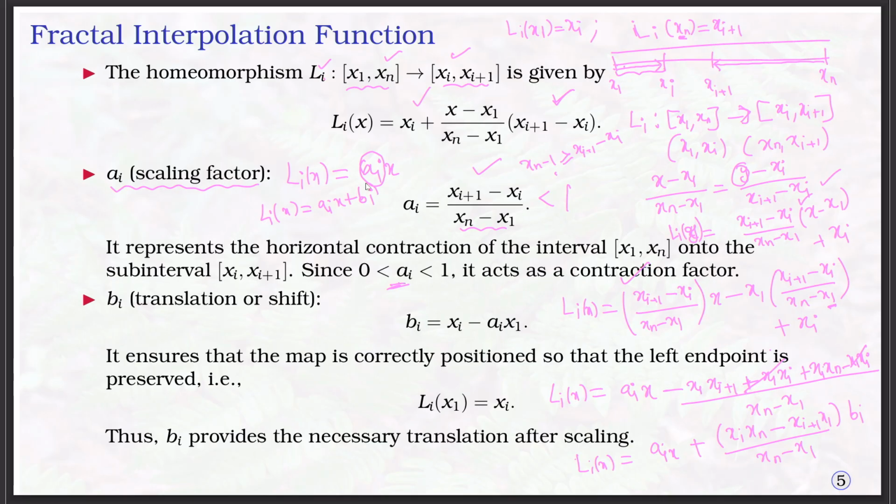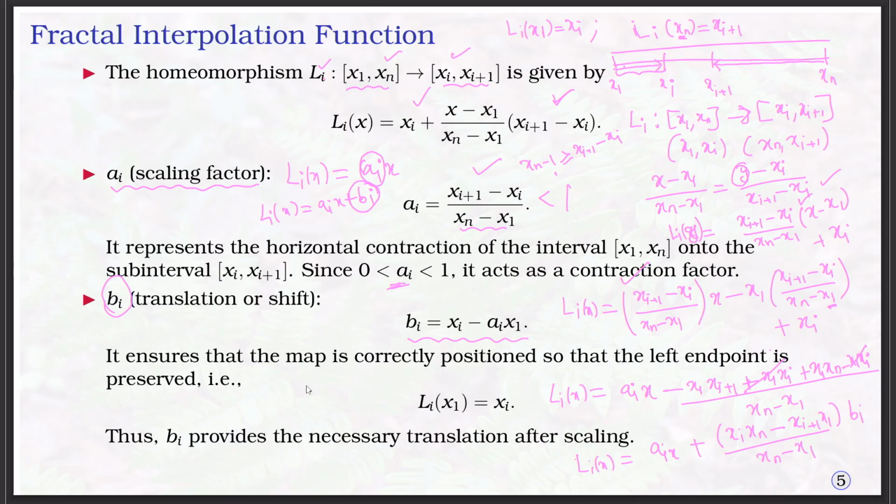Then what is the role of this bi? Bi is, after contracting the whole interval to a smaller thing, it just shifts whether left side or right side based on the points. So, this bi is acting like the translation or shift. So, generally if Li of x is defined as ax plus bi, then bi one can write as bi equal to xi minus ai x1.